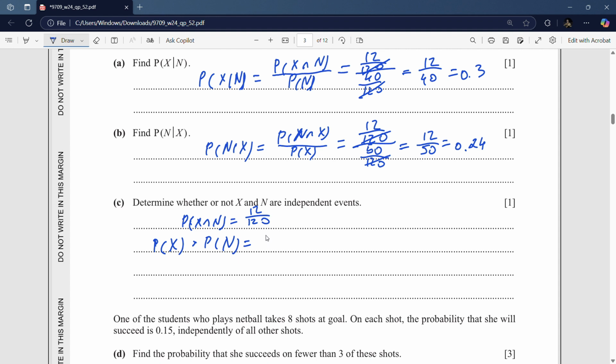Probability of x was 50 over 120 multiplied by 40 over 120.